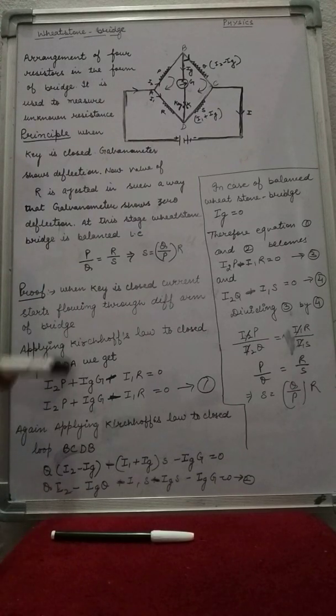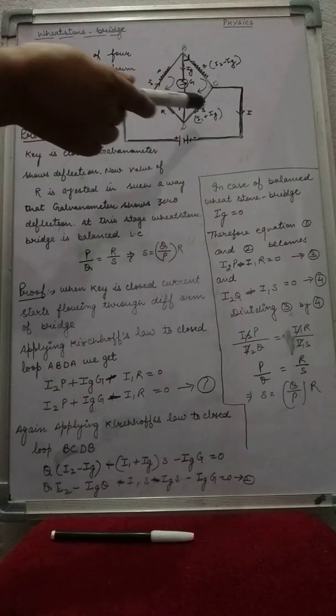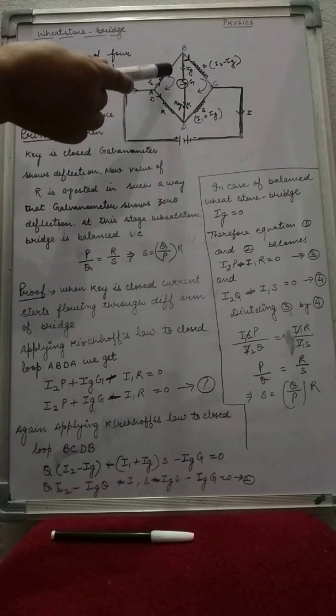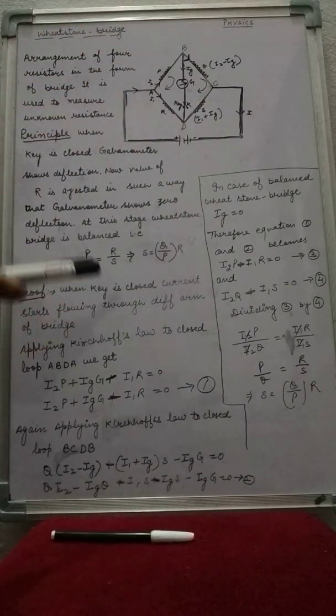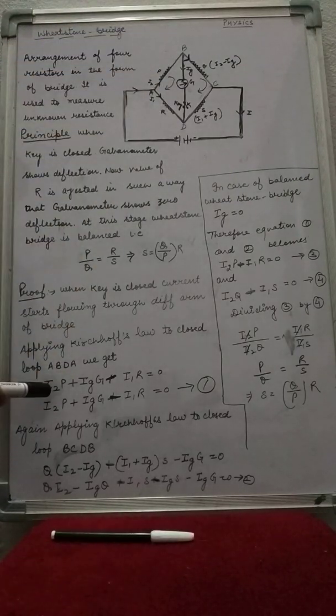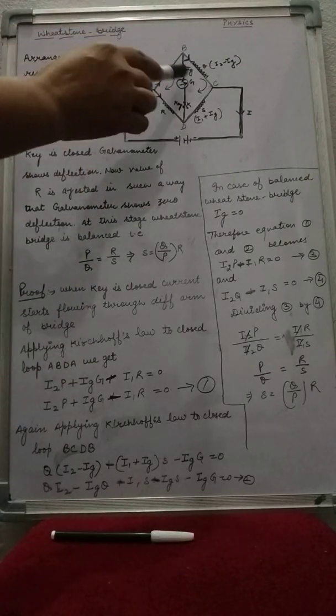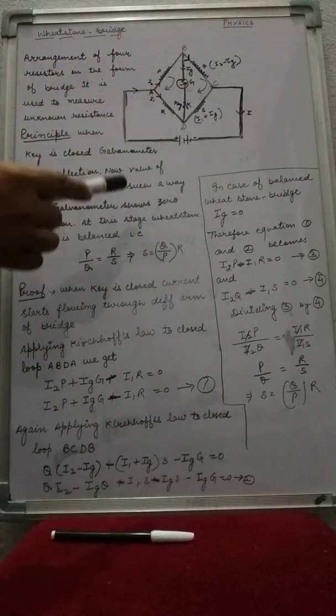According to Ohm's law, V is equal to IR, here I is I2 and R is the resistor P. P, Q, R and S are the resistors. So I2P, plus the current IG into capital G, flows through this arm and the remaining current flows through this arm.